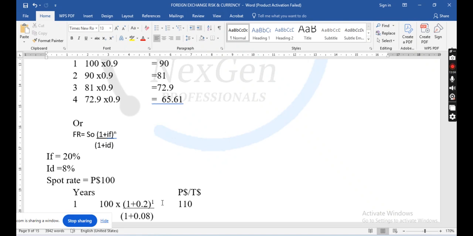There is no Nigerian currency. So in this case, this formula will change.